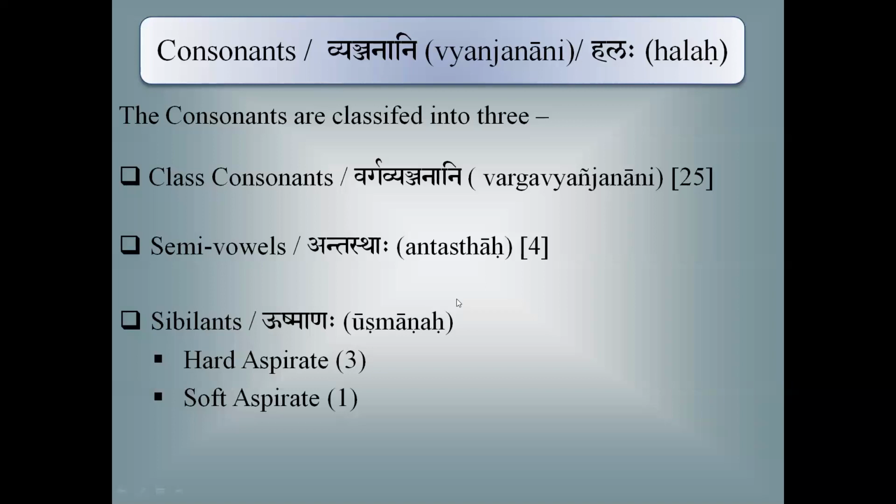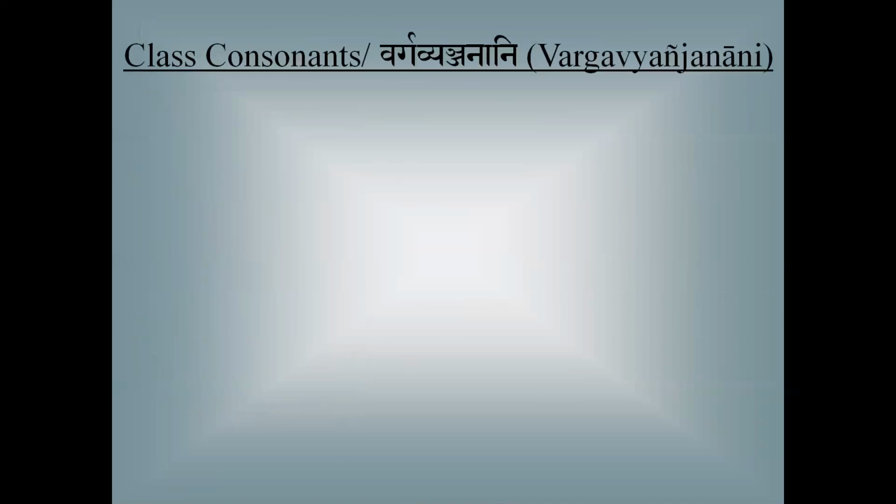Other than that, they are Alpaprana. And in this category, sibilants, we have 3 Mahaprana and 1 Alpaprana. Please go through the lessons again. All this learning is important. We'll be using it all the way.